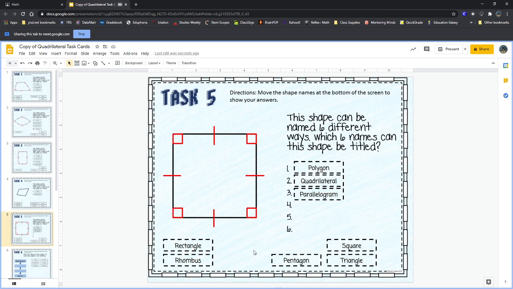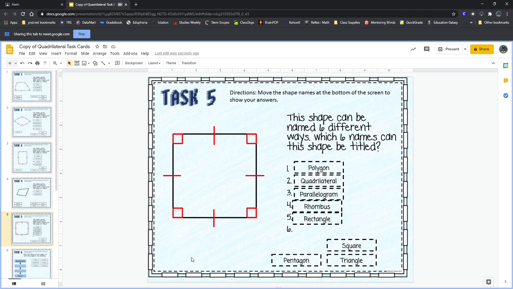Another name that could describe this shape is rhombus. I could call it a rhombus because all four sides are equal. Another name that would match this shape is rectangle, because it's got two sets of equal sides and it's got one, two, three, four right angles.